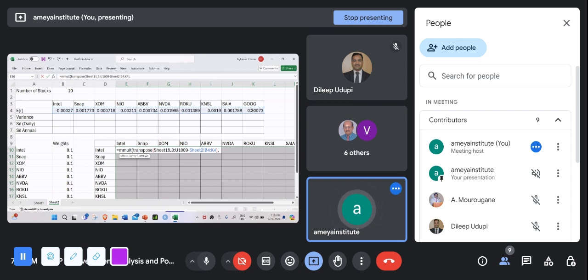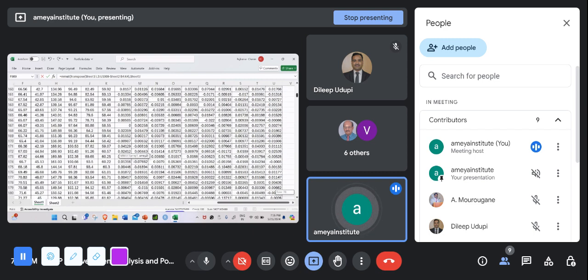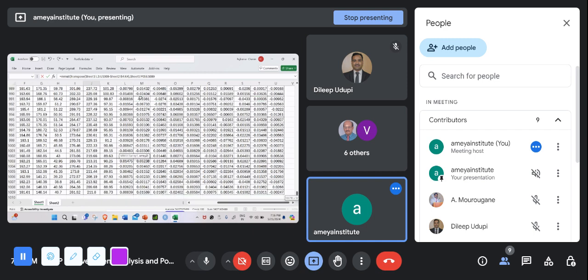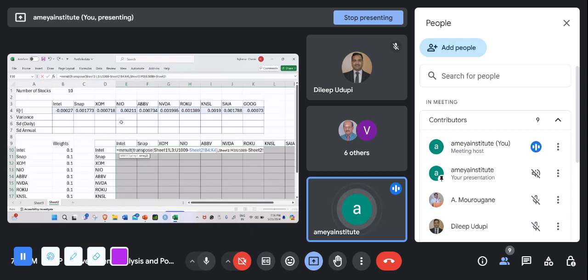Then again we go to the same sheet 1 and select all the returns, minus, in sheet 2 the expected return, done. Then bracket close and divide this by the variance covariance factor, meaning 1 divided by n minus 1.